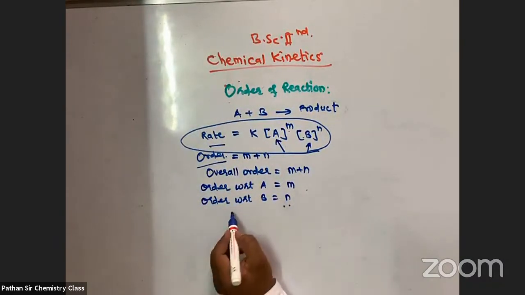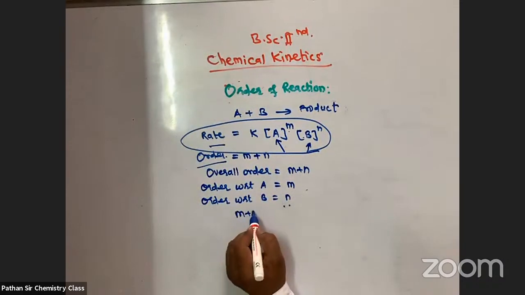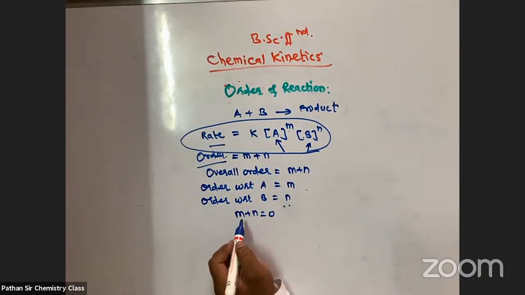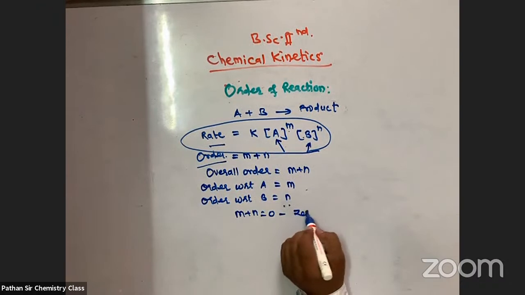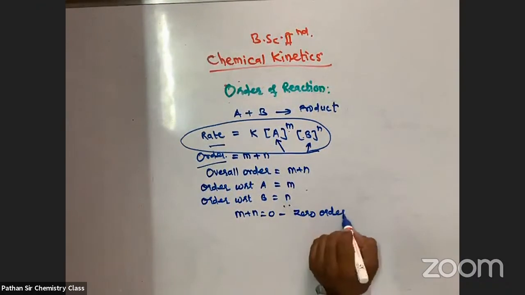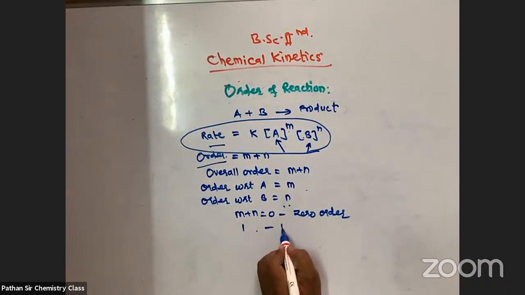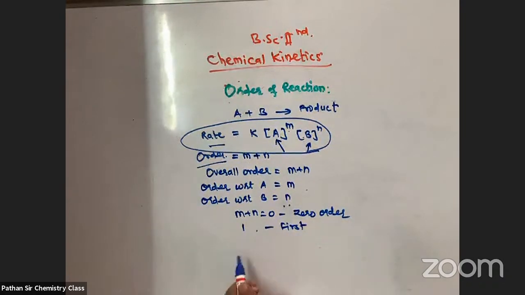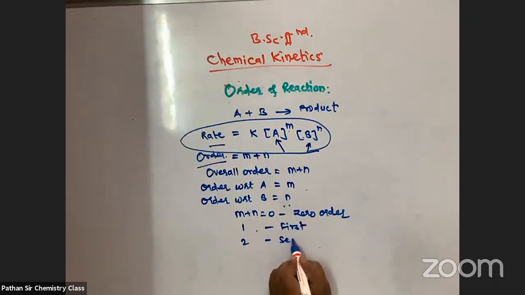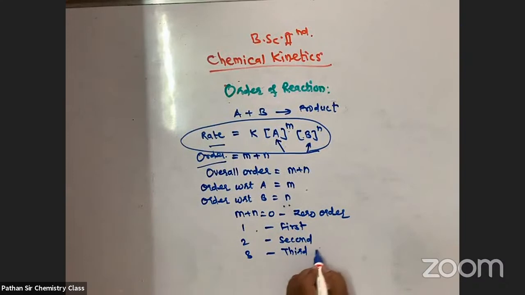So if m plus n is equal to 0, then that reaction is known as a zero order reaction. If it is 1, then it is a first order reaction. If it is 2, a second order reaction, and if it is 3, a third order reaction. That is order of reaction.